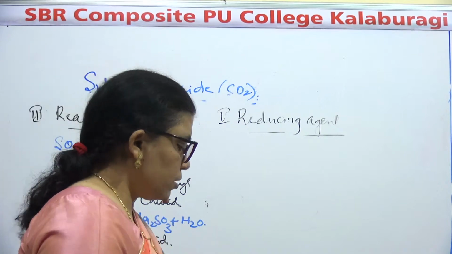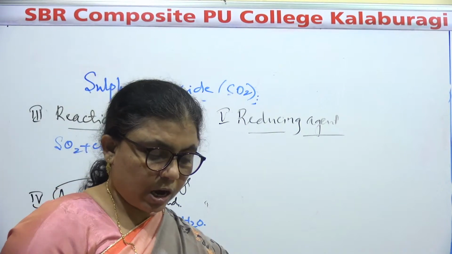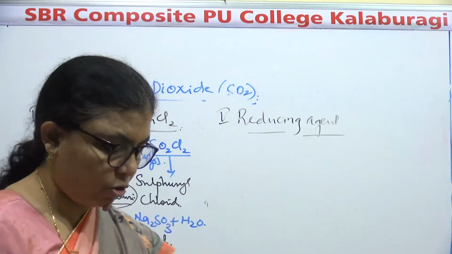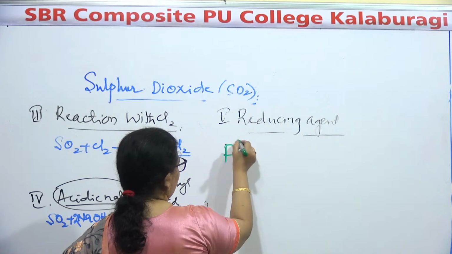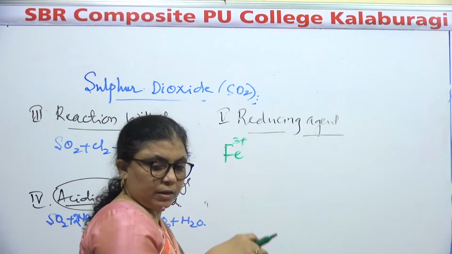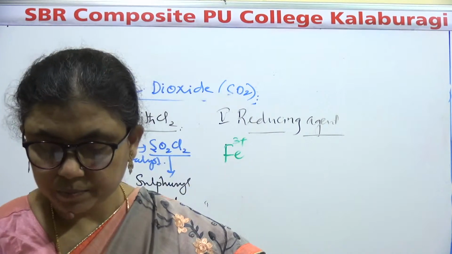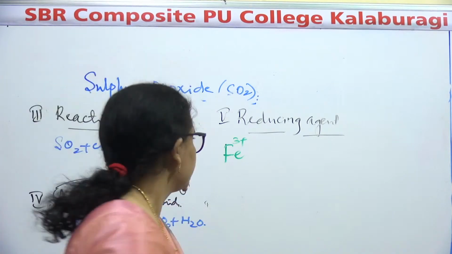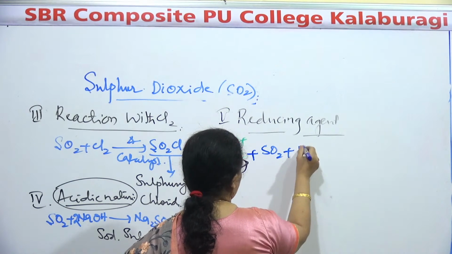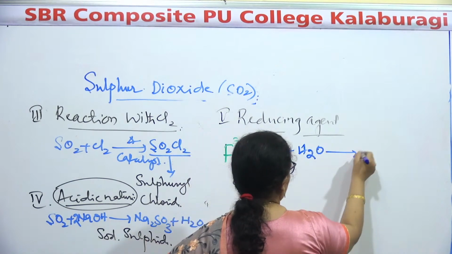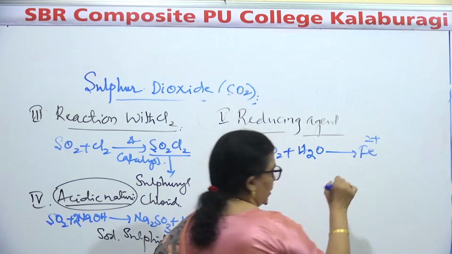It can act as a reducing agent which converts ferric ion to ferrous ion. Ferric, Fe3 plus, by passing sulfur dioxide in aqueous medium, is converted to ferrous, Fe2 plus.